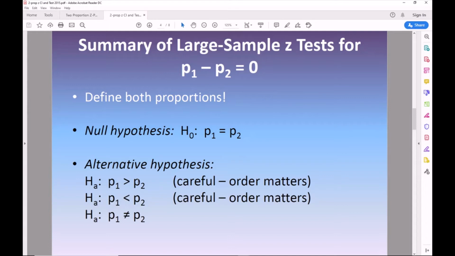All right. For one being greater than the other or one being less than the other, keep in mind that the underpinning for all of this is a difference, and so your order will matter. What will happen is if you get this inequality switched and you pick the wrong direction, you'll get the right z value, but your p-value will end up being the complement of what it should have been.